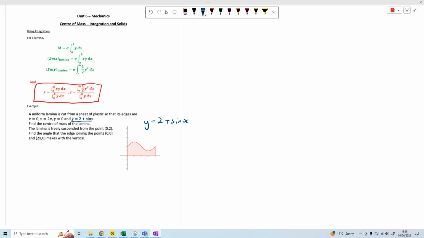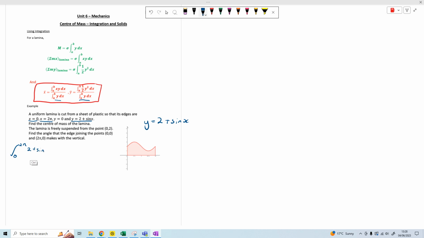Let's find this center of mass. To do so, I need to find these key points up here. Both of the two equations up here have this on the denominator, so I'm going to do that bit first. I'm going to integrate between a and b, my x limits, so between 0 and 2 pi in this case, from the question. I'm going to do that of my y function, 2 plus sine x.